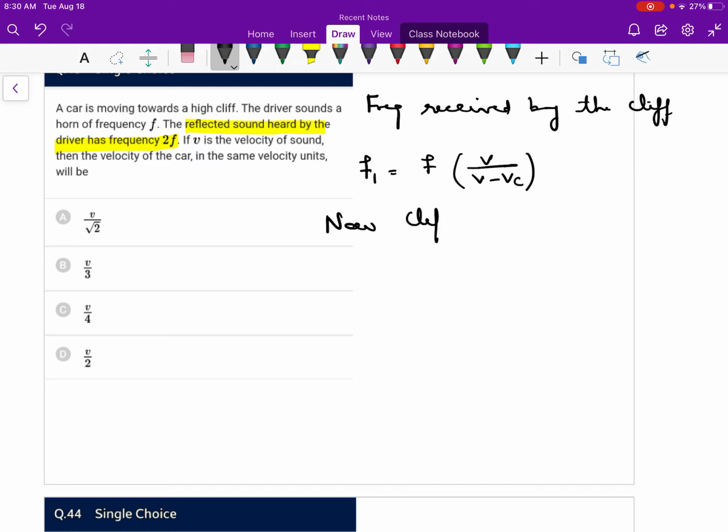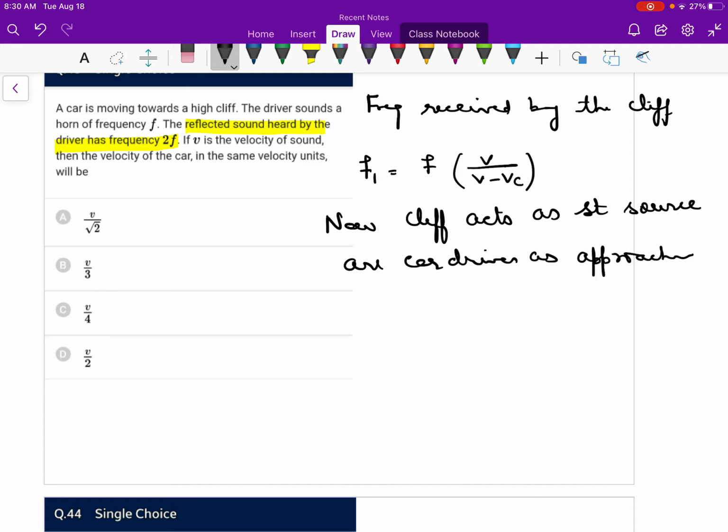Now the cliff acts as a stationary source and the car driver as an approaching observer.